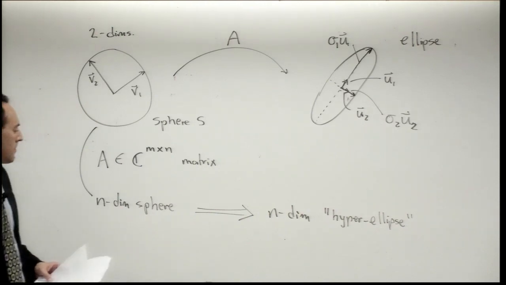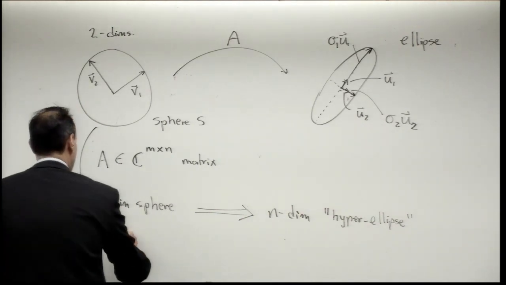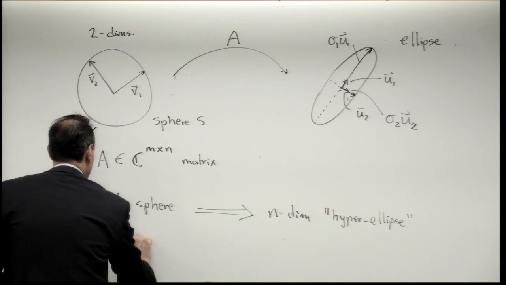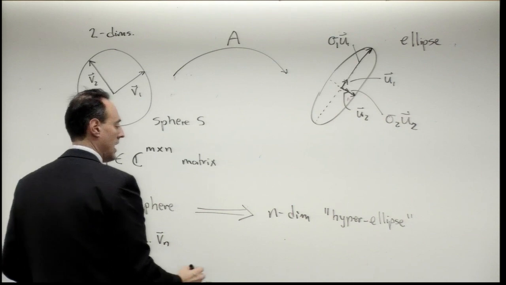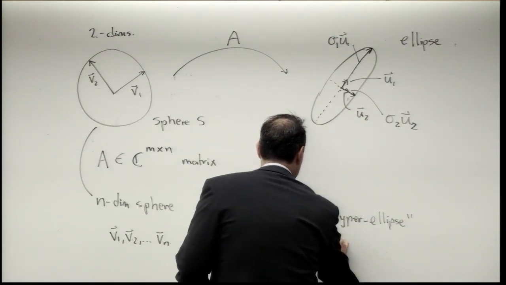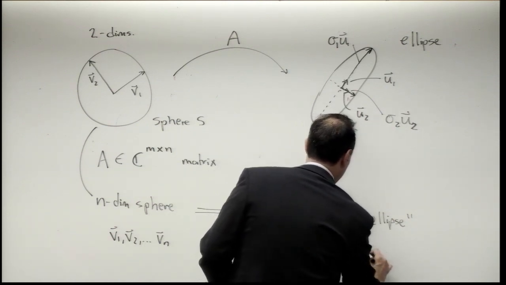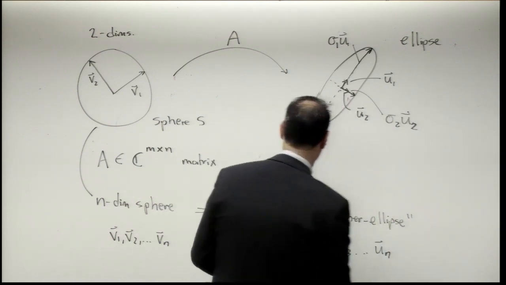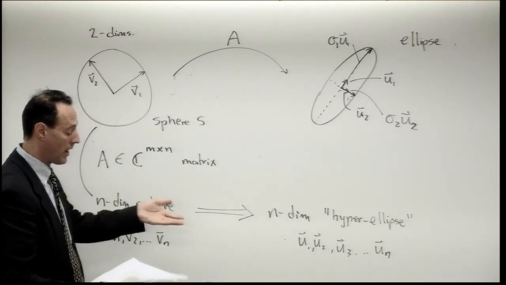All right. So I started off in a vector space spanned by v1, v2, all the way to vn, and I ended up in a new vector space, u1, u2, u3, all the way to un. Okay? So this is generically what happens.